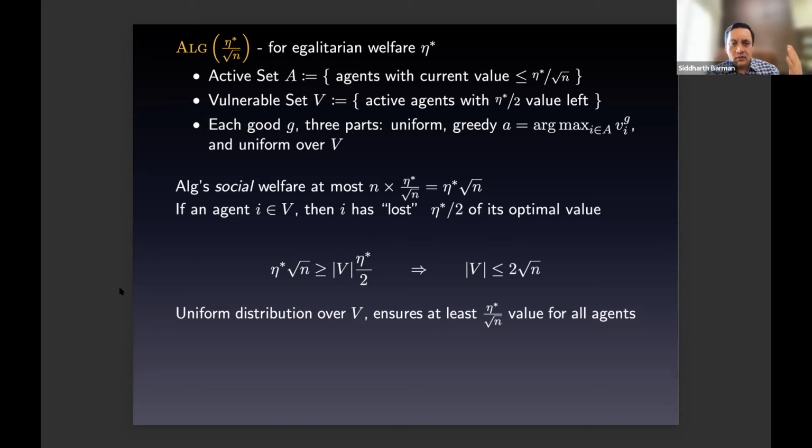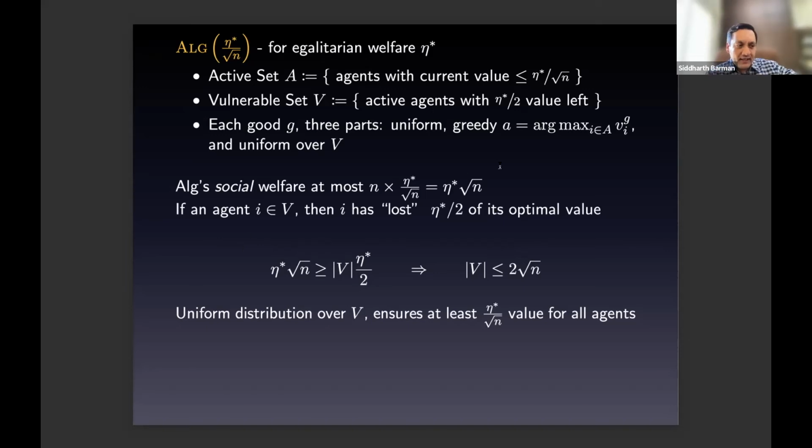So imagine a good G, any fixed good, and let's say this good was completely assigned to a vulnerable agent. The optimal completely assigned it to I. Fine. Then, however, what you are doing is just this greedy thing.